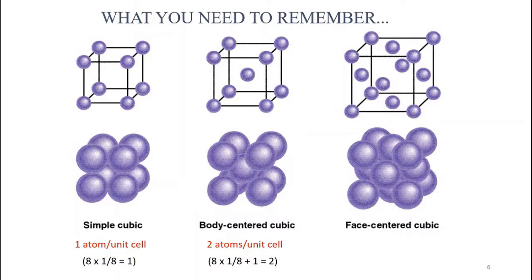So 1/8 of each particle is inside the unit cell, and then 1/2 of each one of the particles on the face of the cube is part of this 1 unit cell. That gives us a total of 4 atoms or 4 particles per unit cell. This is all I need you to remember.